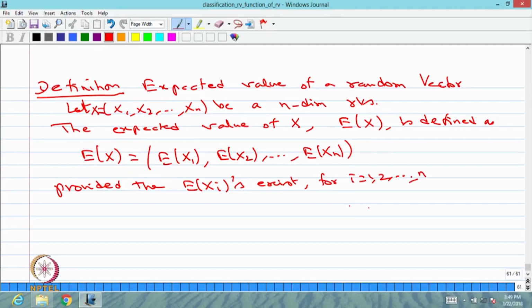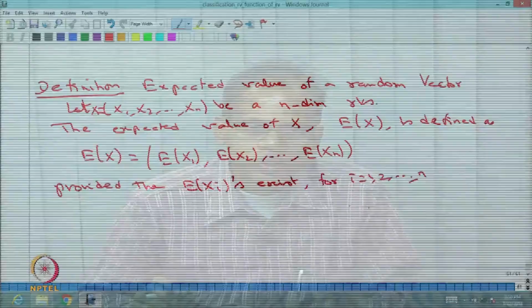So, as long as the individual expectations exist, one can define the expected value of a random vector.